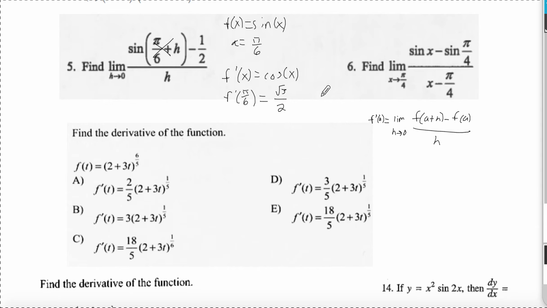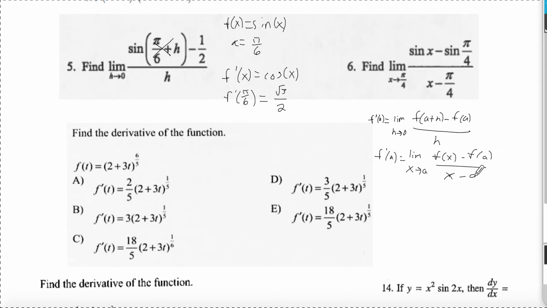All right. Now, number 6 over here is talking about the other form of our limit definition of a derivative. It says that the derivative is going to be equal to the limit, and this one's usually a little easier for people to see, as x approaches a. So as my x value approaches the place where I'm trying to take the derivative, f of x minus f of a, over x minus a.